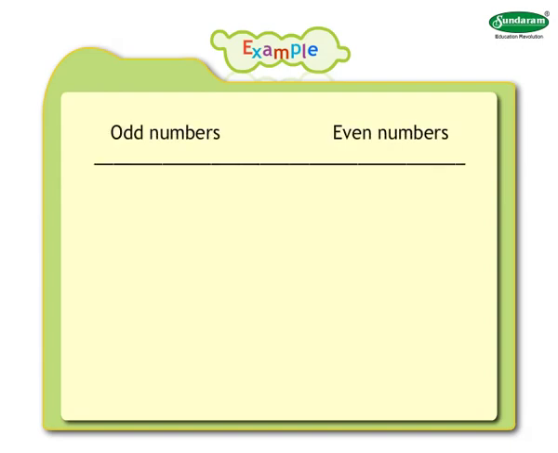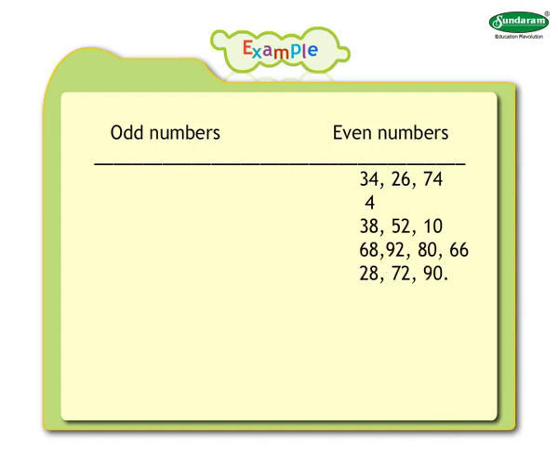Column wise, those even numbers are 34, 26, 74, then 4, then 38, 52, 10, then 68, then 92, then 80, 66, then 28, 72, and lastly 90. Place these in the column of even numbers.